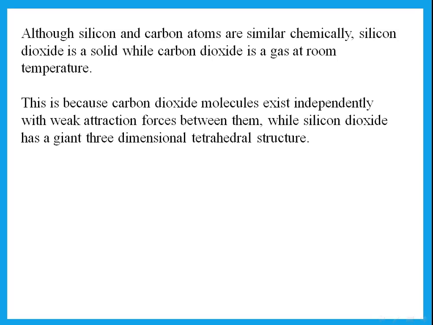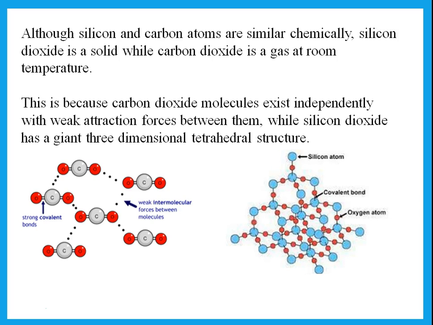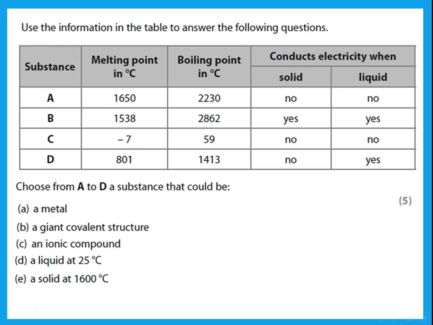This is because carbon dioxide is made up of molecules with weak attraction forces between them, while silicon dioxide is a giant 3-dimensional structure with strong covalent bonds between the atoms that need a lot of energy to be broken. So carbon dioxide has weak attraction forces between the molecules. It needs just a little bit of energy. The silicon dioxide contains strong covalent bonds between the atoms that need a lot of energy to be broken.